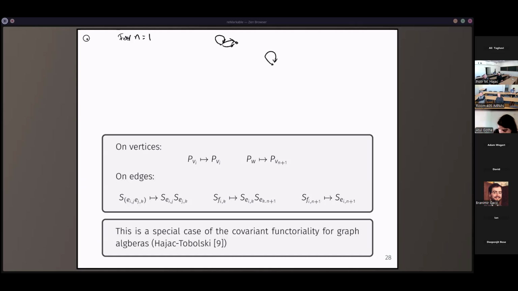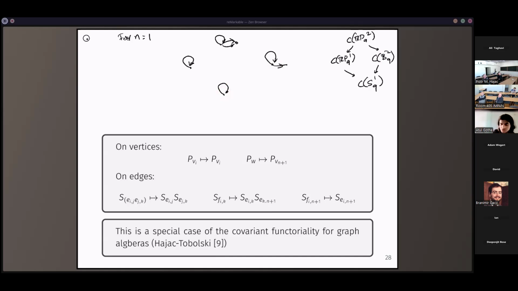Here, for n equal to 1, we have RPQ2, we have C of RPQ1, this is C of PQ2, and C of SQ1. And C of RPQ1 is isomorphic to C of SQ1.